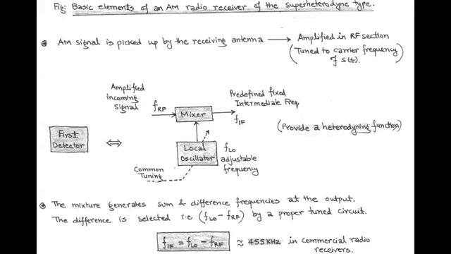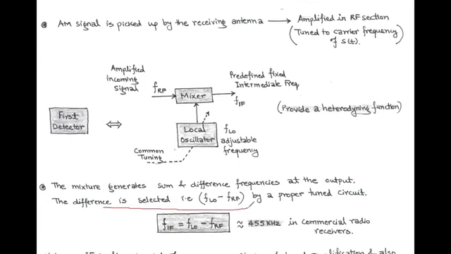But for a properly tuned circuit, the difference of the two frequencies is selected, that is f_LO minus f_RF, and this is called the intermediate frequency, f_IF. Here the difference is f_LO minus f_RF because for proper tuning of a superheterodyne, the local oscillator frequency f_LO is adjusted high with respect to the radio frequency f_RF.